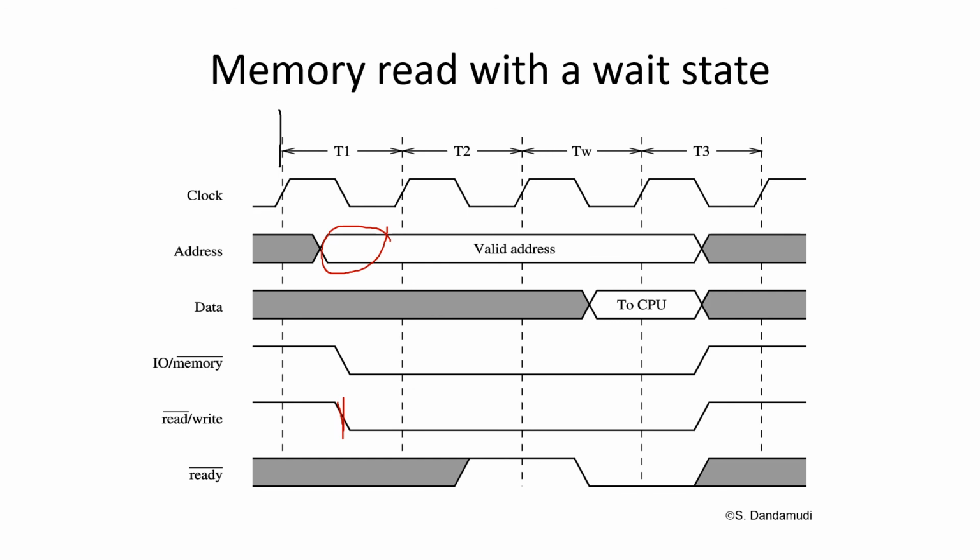Eventually the data is available, and at that point the system will signal that the data is available, and the memory will put the data on the bus so that it can be viewed by the CPU and copied into the CPU. You note that there's a time in between where nothing seems to be happening. That's a wait state in there.